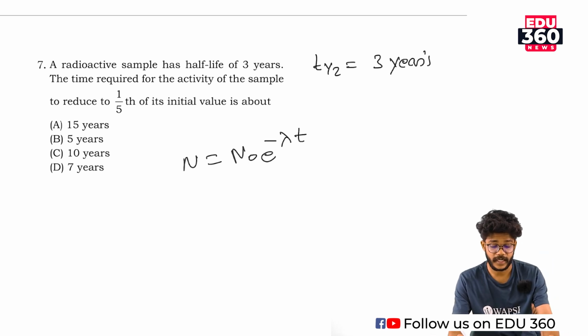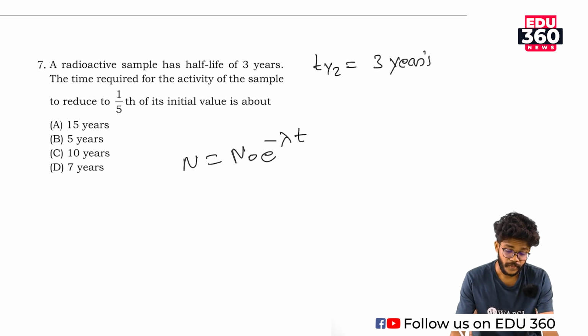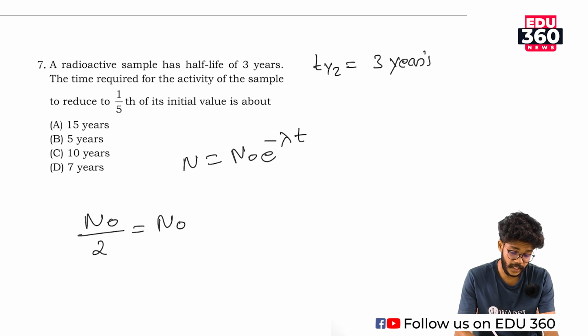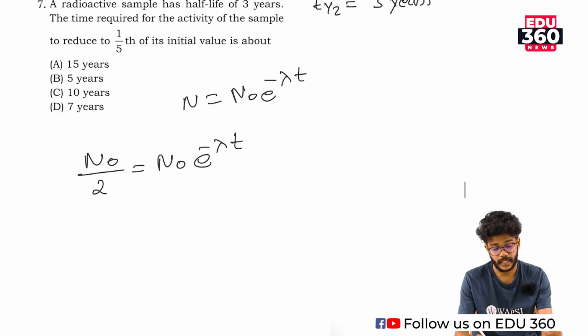For that we can substitute t half. T half is 3 years, and N by N0: N0 is the initial and N is the final, so N is N0 by 2. So N0 by 2 is equal to N0 e raised to minus lambda t. So N0 and N0 can be cancelled.